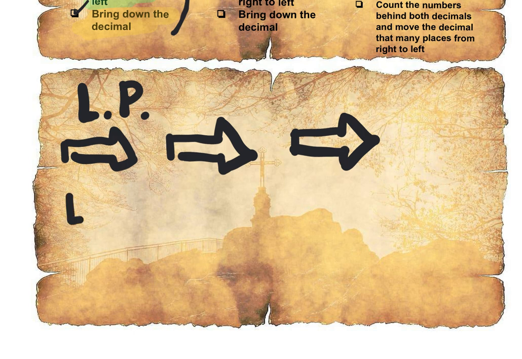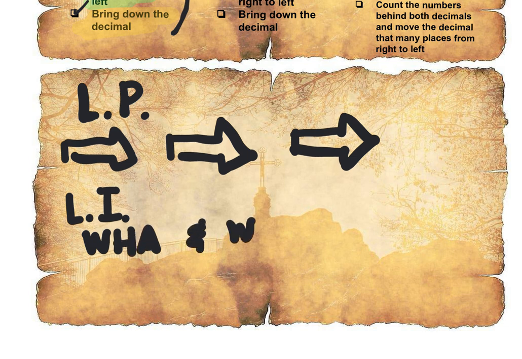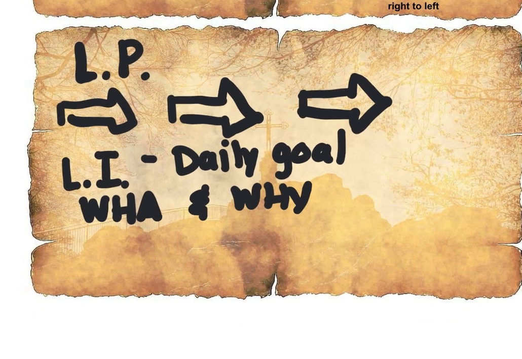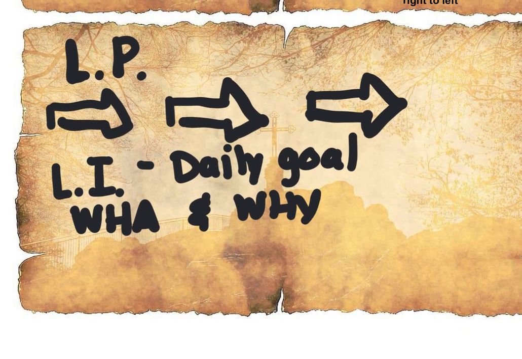Our learning intentions tells us what we are learning for the day and why. It is our daily goal. Very, very important, so that you know every day what you should be learning. There are no secrets.